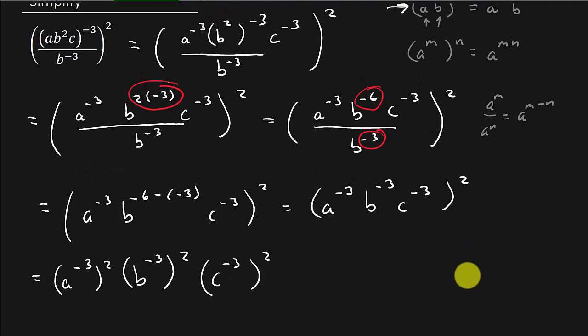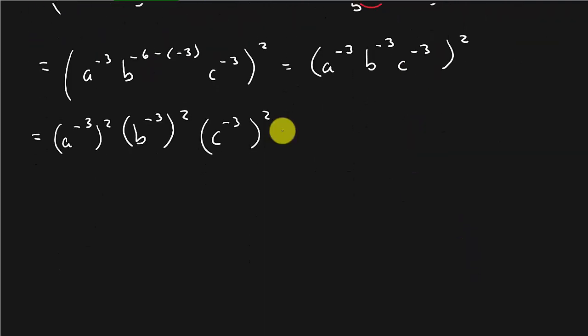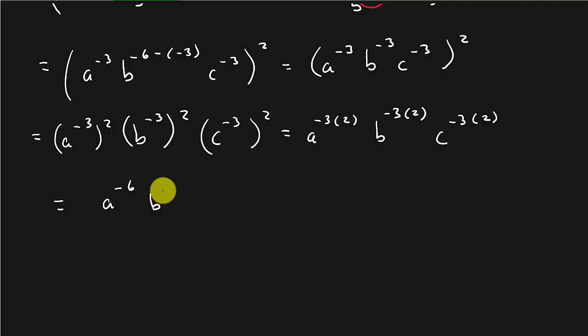Then we go to the property where we multiply the exponents. That's a to the negative 3 times 2, b to the negative 3 times 2, and c to the negative 3 times 2. Then we multiply, and that's going to be a to the negative 6, b to the negative 6, and c to the negative 6.